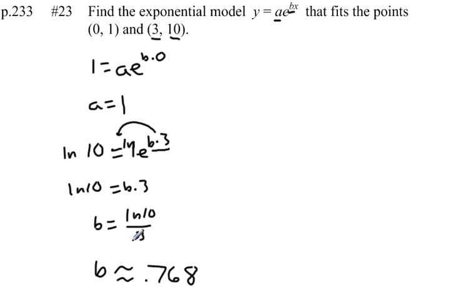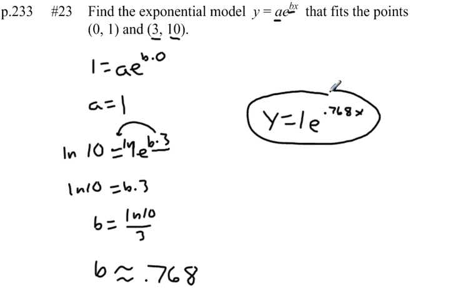To do my final answer, I know what a is equal to. I know what b is equal to. Let's plug those back in here. So my equation is y equals 1 times e to the 0.768 times x power. So there's an exponential equation that goes through both points (0, 1) and (3, 10).